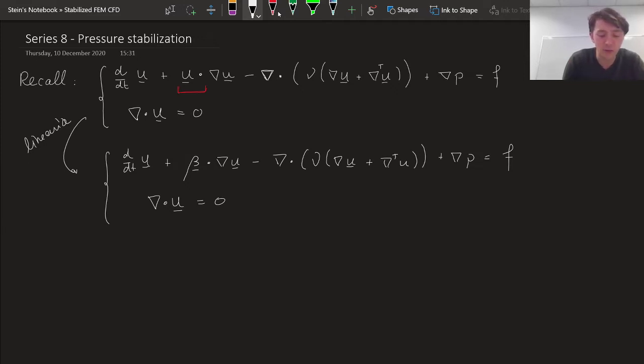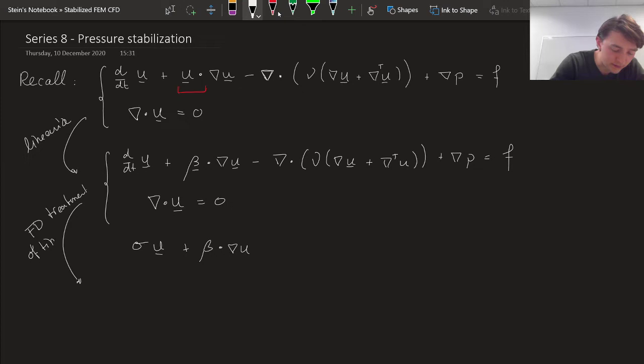So in whatever form, you would get something that has simply a weighting by, let's just call it sigma, of my current solution plus all my other terms. Just to make this a little bit more clear, sigma would be, for instance, 1 over dt if you take a backwards Euler finite difference treatment of the time derivative.